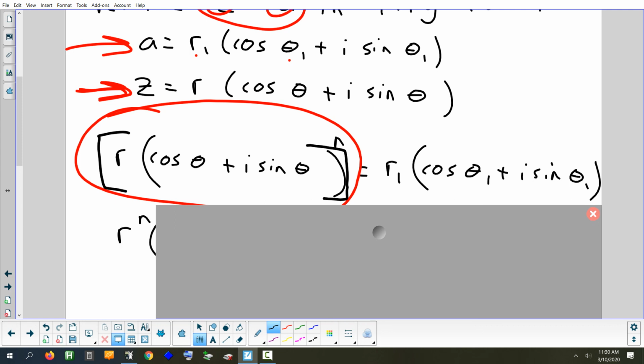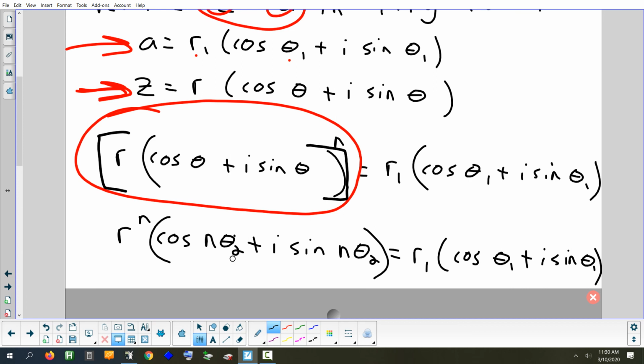So you'd have r to the n. And what do you do with your angle and your power? Multiply them. Just like that. The right-hand side, in this problem, it's done. The right-hand side never changes after you find R1 and theta 1.